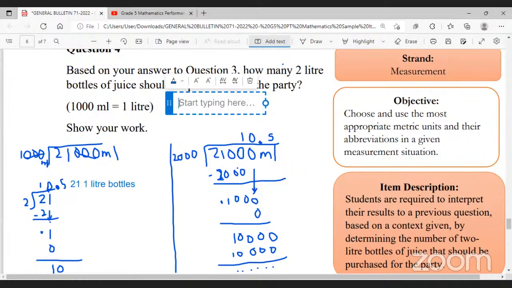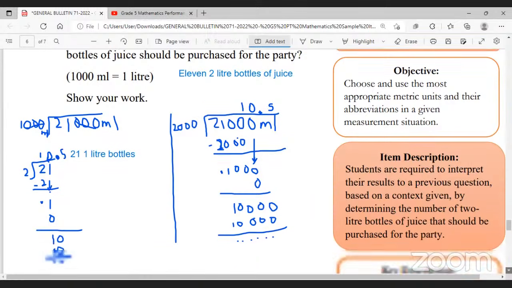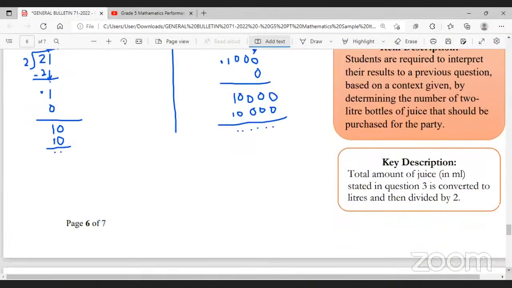I'll put it in words, 11 2-liter bottles of juice. So we need 11 2-liter bottles of juice for the party. Let's move on to the next question.